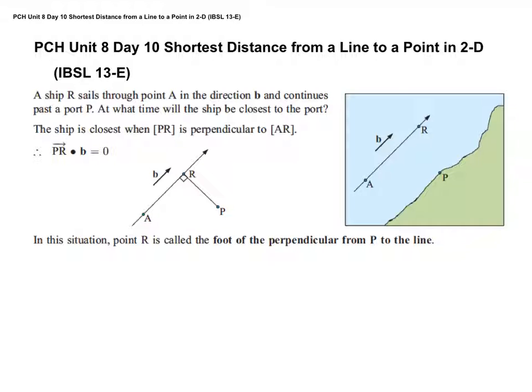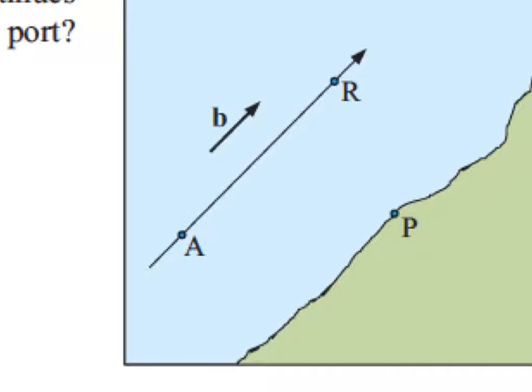So here we see AR, and if we were trying to find the shortest distance from P to this line, we would measure here where it makes a 90-degree angle.